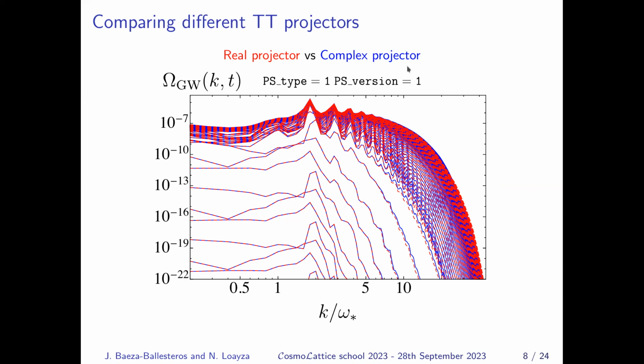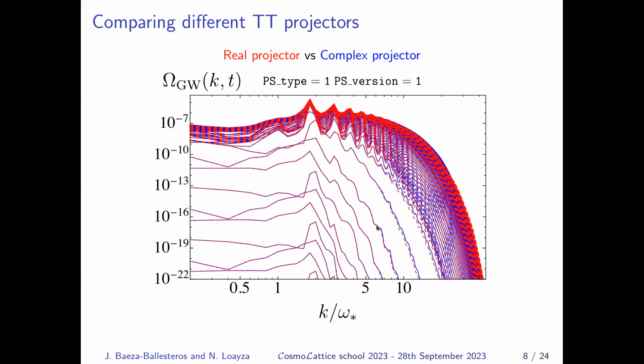What I'm showing here is the power spectrum from before, but now I'm comparing two different projectors. The red lines are the results using the real projector, so the transverse traceless projector is computed using a real lattice momentum, and for the blue one, we are using a complex lattice momentum.